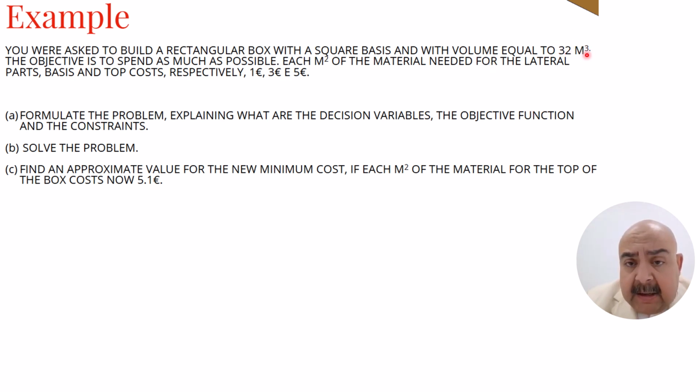This remark is a constraint by itself. So I want to build this box under the condition that its volume will be exactly 32 cubic meters. The objective is to spend as little as possible on each square meter of the material needed for the lateral parts, bases and the top.